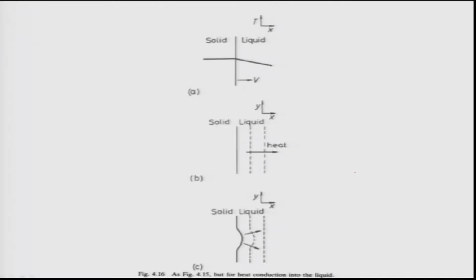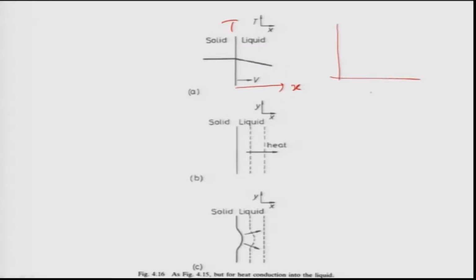Nonetheless, even if such a situation arises in the liquid, when the temperature gradient in the liquid, you can see this is the distance x, and there is a temperature T. So you can see the slope of this curve is negative. As the slope of the curve is negative, what will happen to the same situation which I have drawn there? Let us draw it here.